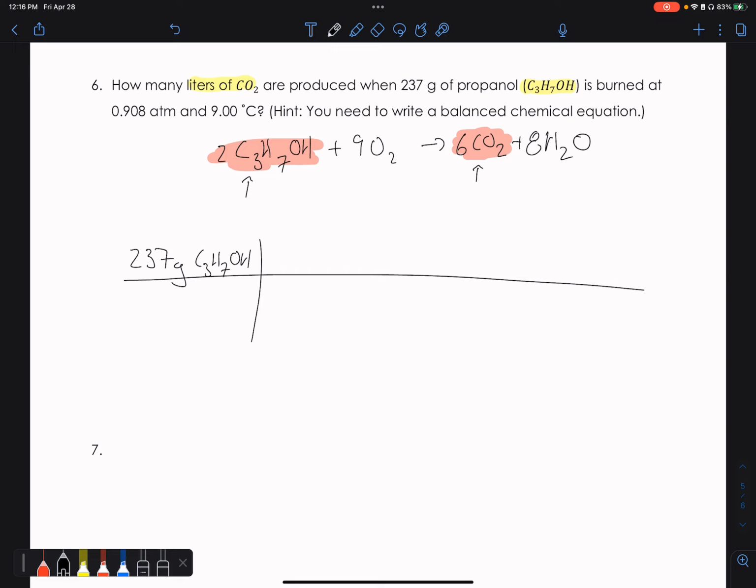And so to do that, we're going to have 12.01 times 3. So that's carbon, hydrogen, oxygen, 1.01 times 8. And 16.00 times 1. This will give us our molar mass.